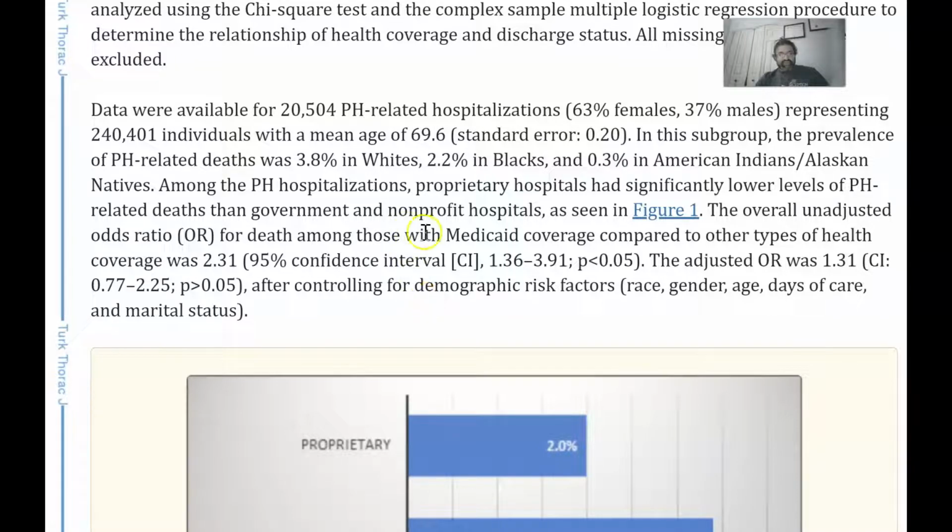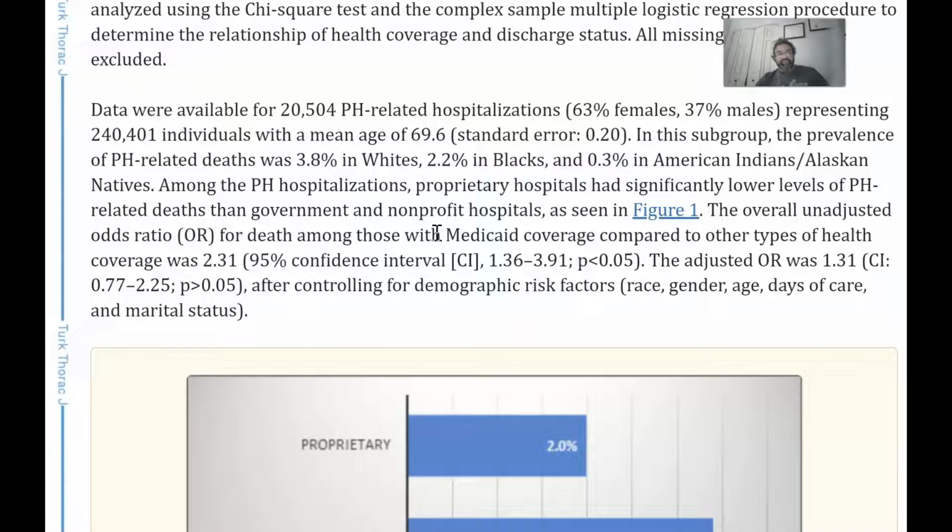Let me say this again. When individuals had Medicaid coverage compared to other types of coverage, it was 2.31 per death, whereas it was closer to 1.31 for individuals that did not have Medicaid coverage.